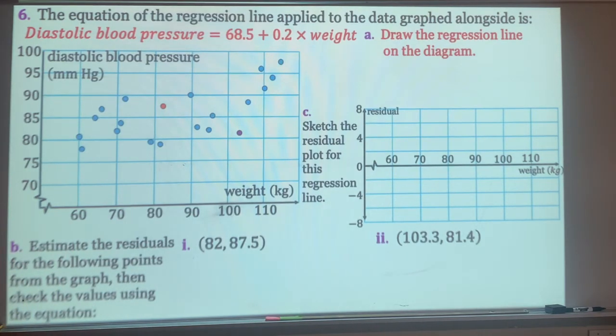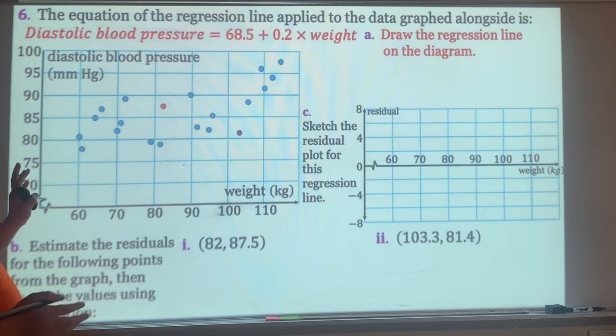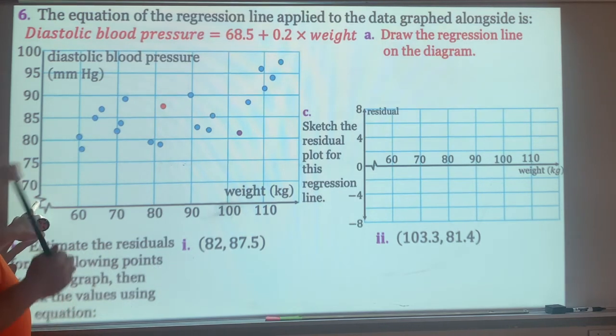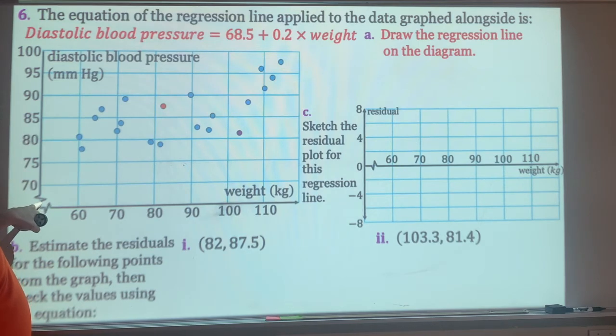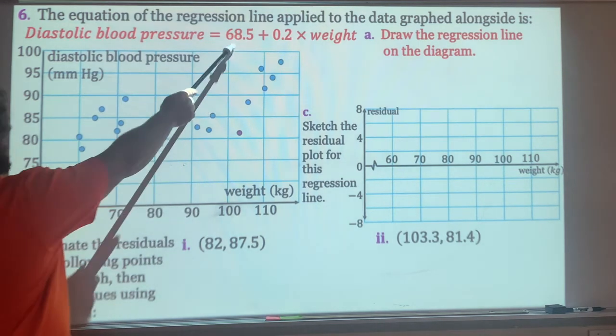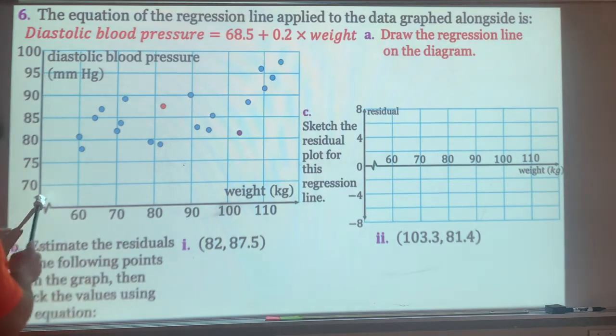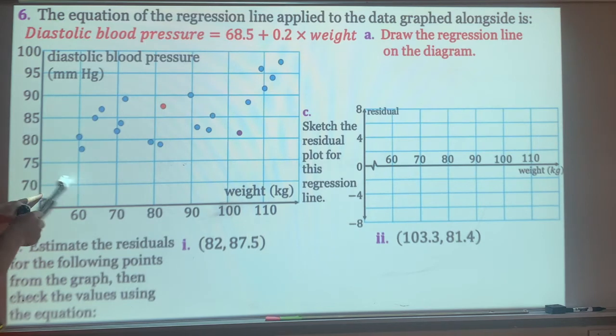In order to draw the line, we're going to use this equation. Now how I did this was, I can't go to the intercept over here because it's cut off. The intercept's about 65.8. So technically, I could put a point here at 68.5, and then the 0.2 means I go 0.2 up, 0.2 over.